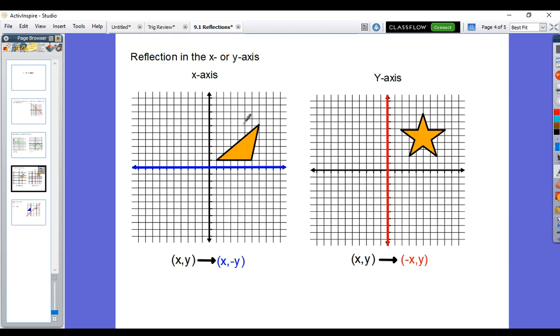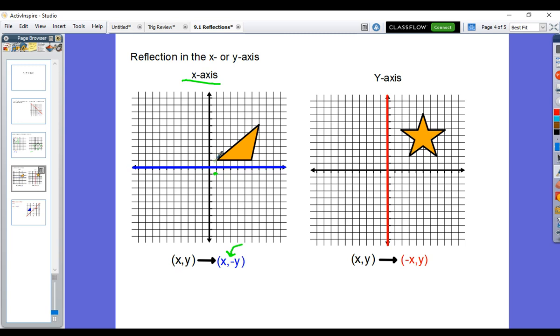So when given just coordinates x, y, when you do an x-axis reflection, all you do is change the value of your y, which kind of makes sense. If I'm taking this point and flipping it down here, my value of x is the same, but the value of y is what changed.